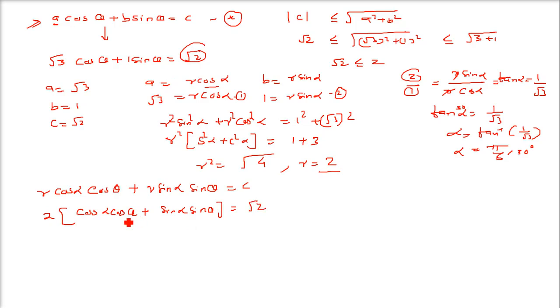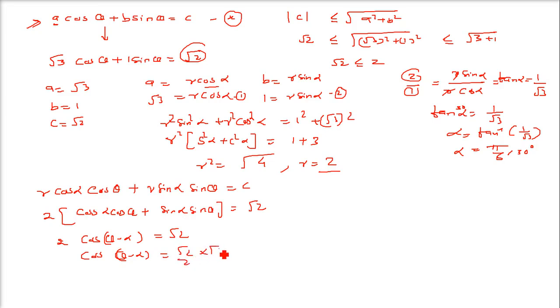This is root 2. Now this cos alpha cos theta plus sin alpha sin theta is nothing but the equation of cos theta minus alpha. So this is 2 cos theta minus alpha equal to root 2. So what do you get? Cos theta minus alpha is root 2 by 2.